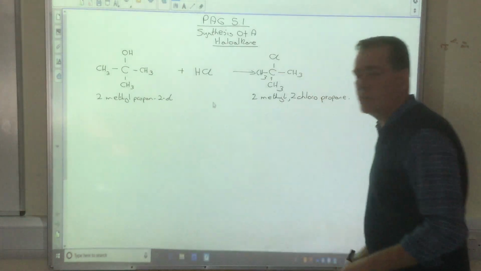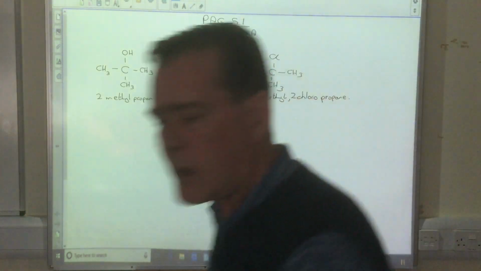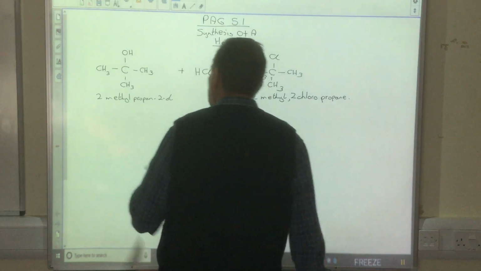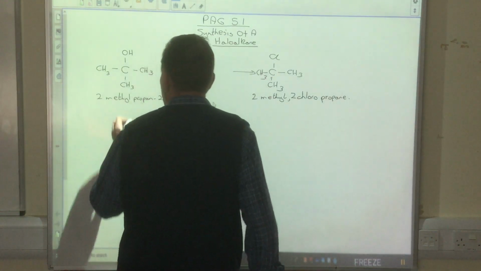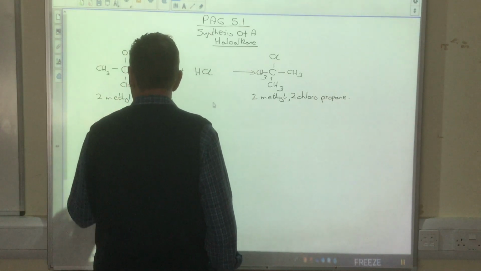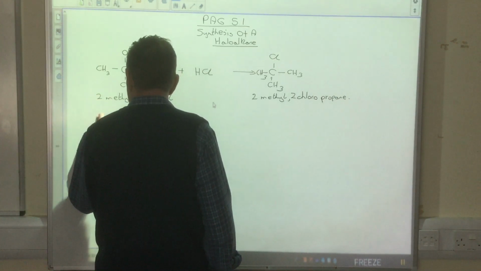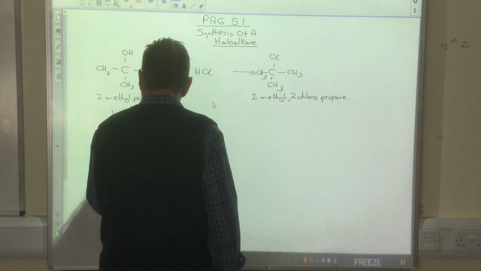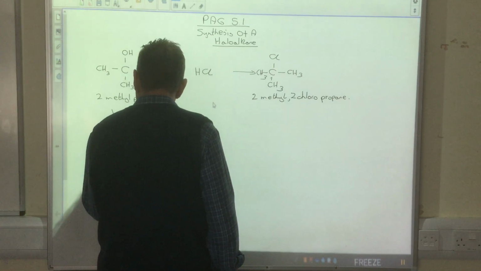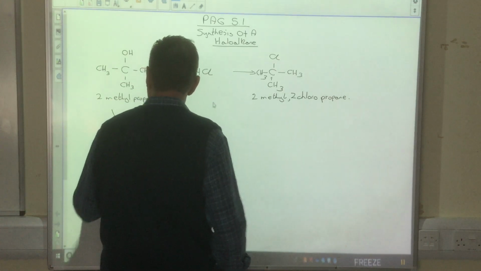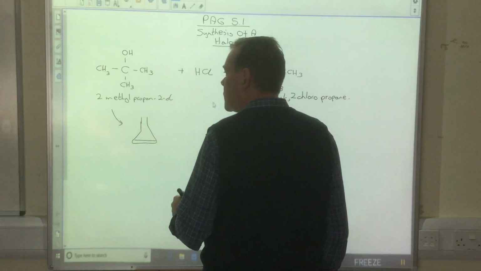That's what we're going to do. I'm going to try and explain to you how we do this. It won't be perfect, but it'll be okay. So we take this 2-methylpropan-2-ol and we put it in a conical flask. Never mind how much. 2-methylpropan-2-ol into a conical flask.